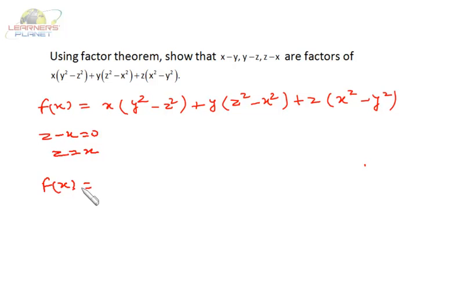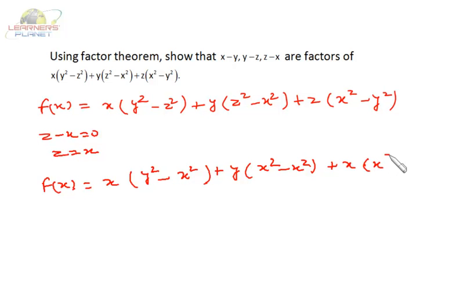So f of x is x y square minus, instead of z I am putting x, so it's x square plus y, x square minus x square plus x square minus y square. So it's x y square minus x cube plus y x square minus y x square.